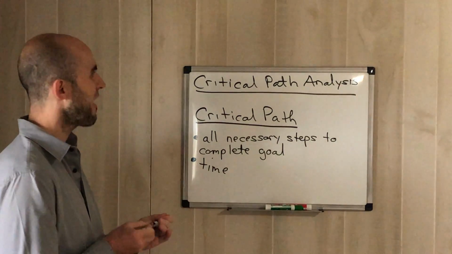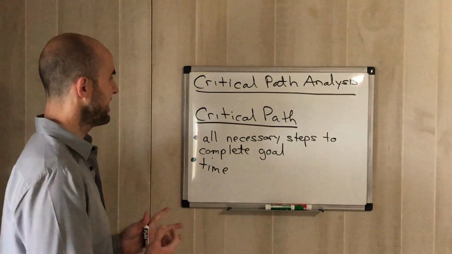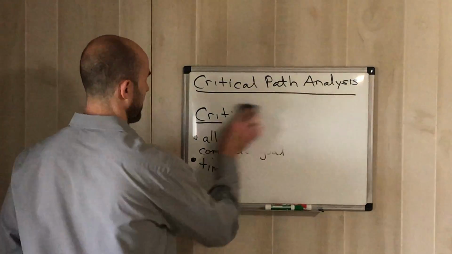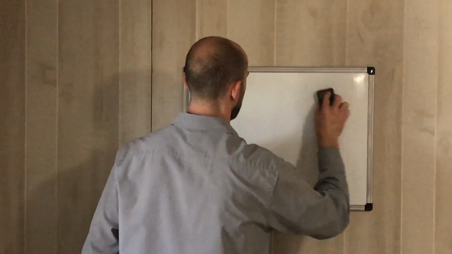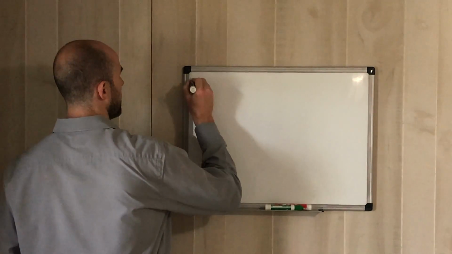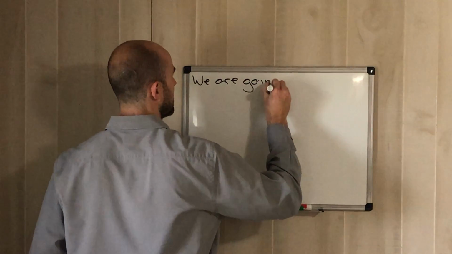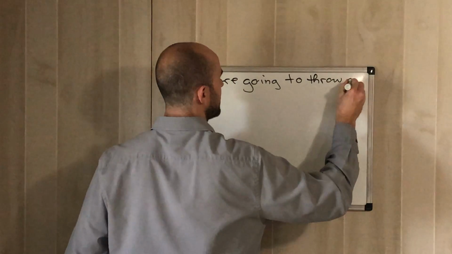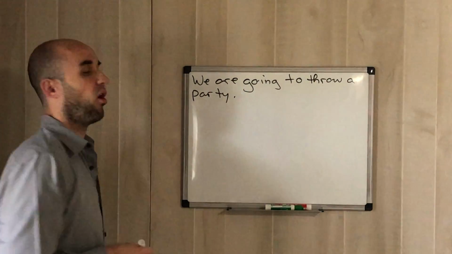The best way for me to explain how to analyze critical paths is by creating one. Whenever you create a critical path, you always need to have a goal in mind, and the goal I want is to throw a party. All goals can be different.